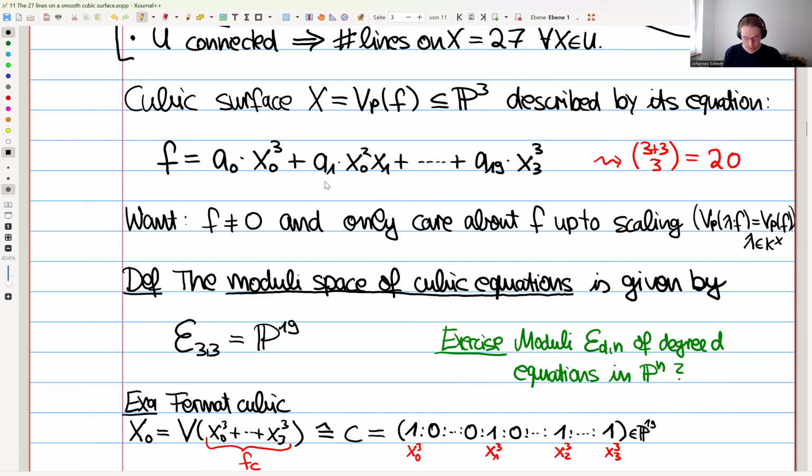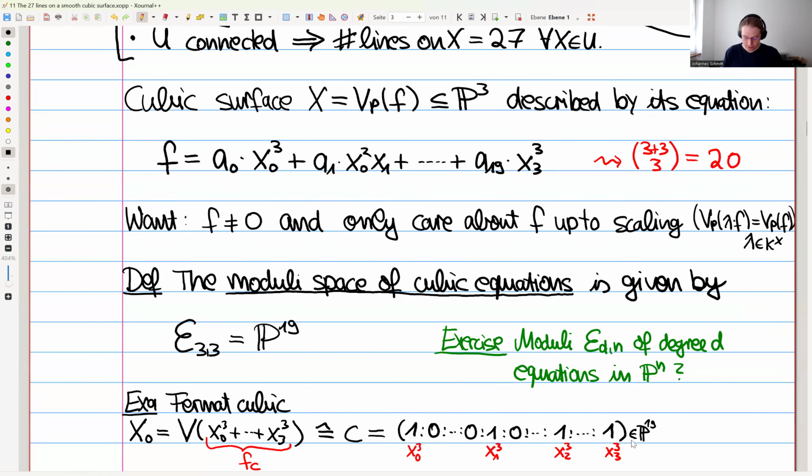And then, for example, we see here A1, the coefficient of x0 squared times x1, this would be 0. And so it's exactly this vector which has 4 entries 1 and zeros everywhere else inside this P19.